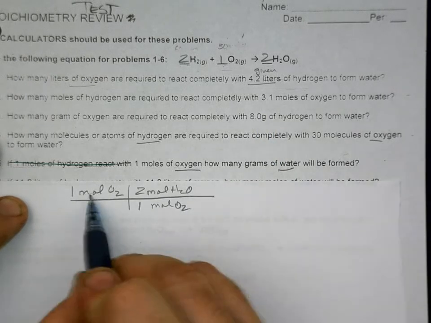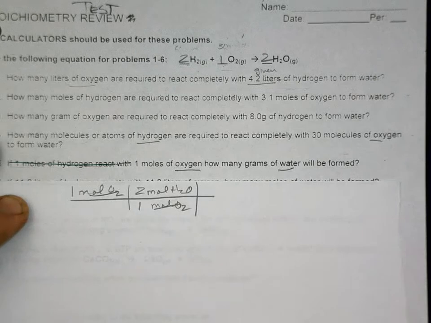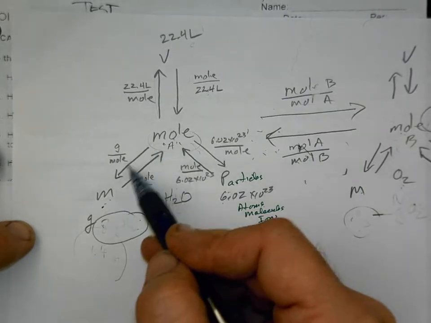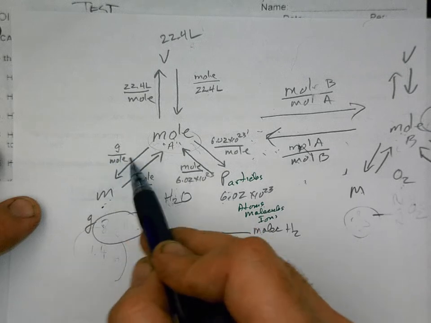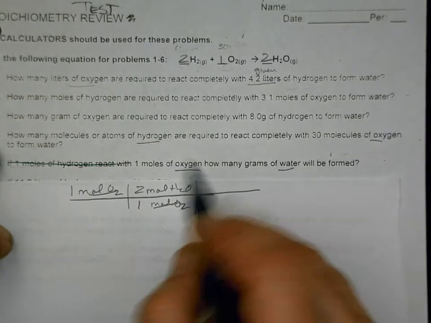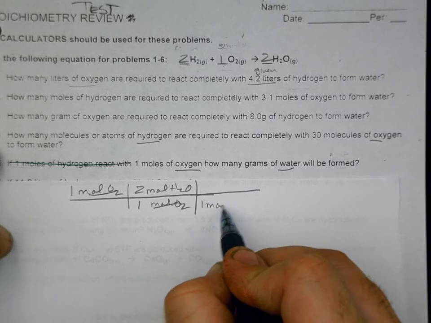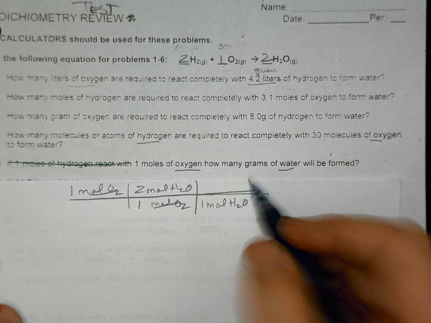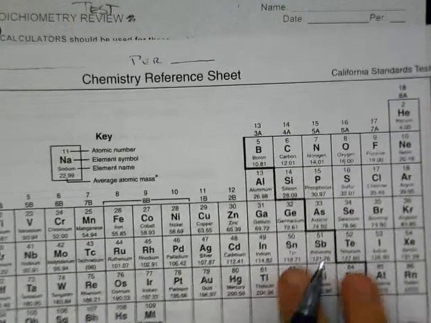So now moles of oxygen cancel. We've come from over here to here. Now we just need to multiply by grams over moles, the molar mass of water. So let's see, 1 mole of water. What's the mass of 1 mole of water? If you're not sure, we've got H2O.